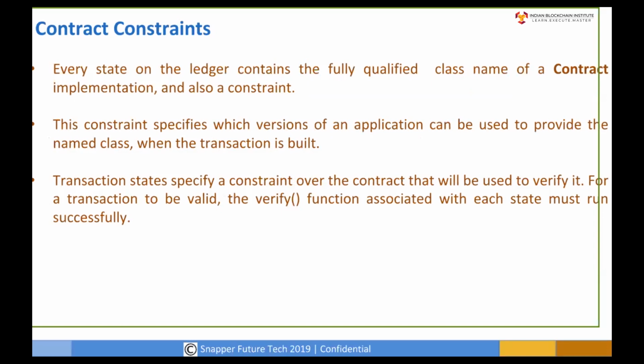So the transaction states specify a constraint over the contract that will be used to verify it. For a transaction to be valid, the verify function associated with each state must run successfully. So in the smart contract, or the contract, there is a function written as verify, so that after that function is run successfully, the state changes. All right.